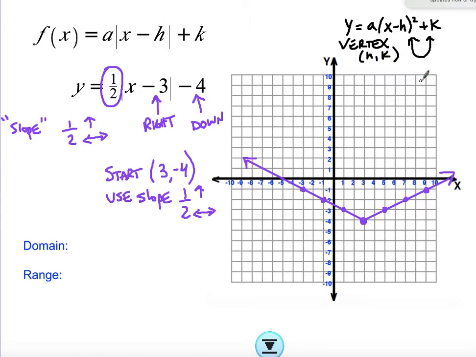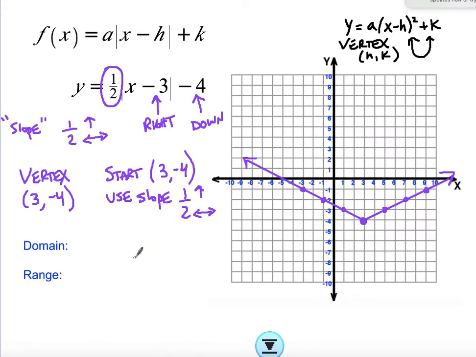It's the same exact idea here, except we don't have a squared, now we have an absolute value. The vertex is the same kind of idea where you do the opposite of what you see inside here. So I see a -3, I'm going to write a +3. And then whatever's outside stays the same, -4. That's where you want to start. Start at the vertex and then use your slope.